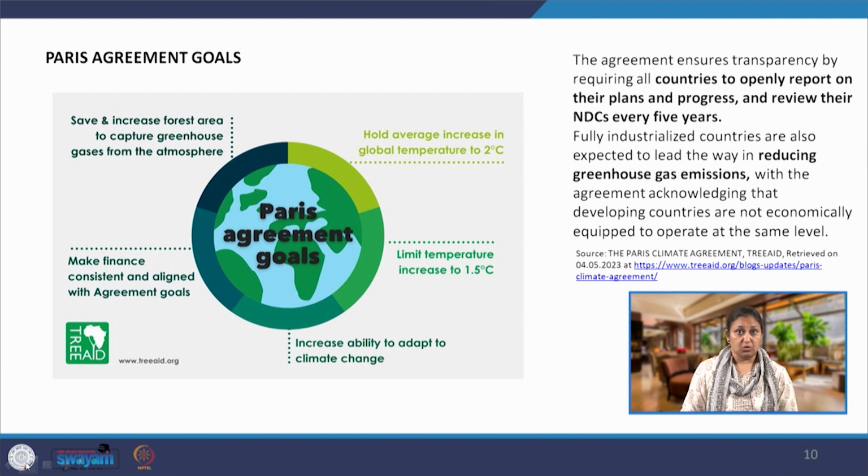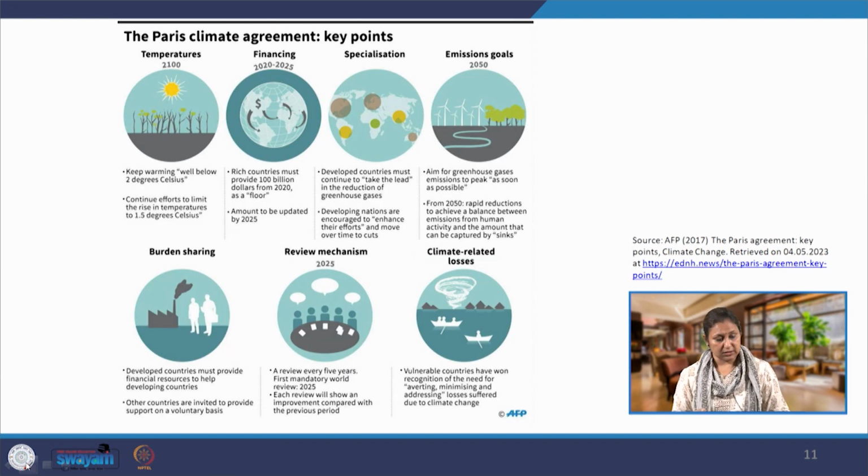One important goal which has been clearly written in black and white is to save and increase the forest area to capture greenhouse gases from the atmosphere, and while there are no definite targets on how much area should be converted or afforested, a general objective is to increase forest area, and each individual nation is supposed to set its own target. And each country will be reviewing its performance on each of these goals and the targets that they set for themselves.